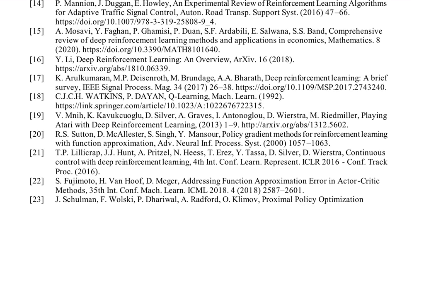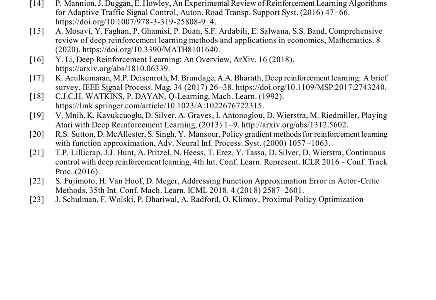Watkins [18] introduced Q-learning, a fundamental concept in reinforcement learning, while Mnih et al. [19] applied deep reinforcement learning to play Atari games. Sutton et al. [20] developed policy gradient methods for reinforcement learning with function approximation, and Lillicrap et al. [21] presented continuous control with deep reinforcement learning.